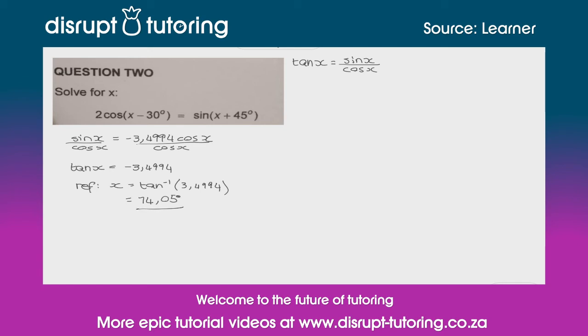Right, now we have our reference angle. Next, we need to figure out in which quadrant this lies. So if we have a look at this, we see that our ratio is negative. Where is tan negative in terms of our quadrants? Well, tan will be negative in the second quadrant and the fourth quadrant.